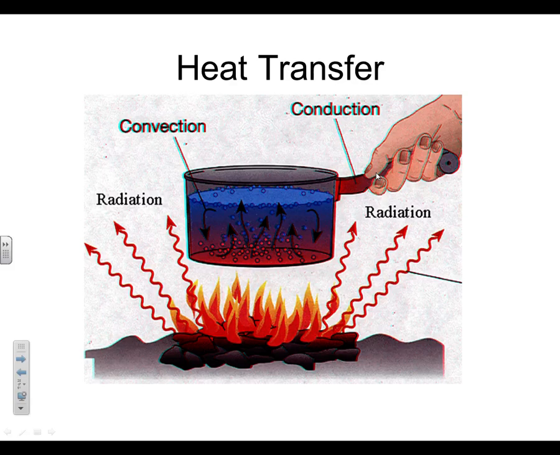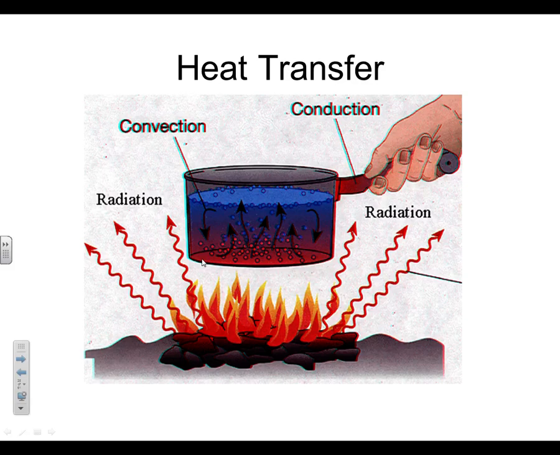A good example is, in this picture, the fire sends off infrared waves, heat radiation, that will heat the pan. If you're standing by a campfire, the front of you gets a lot hotter than the back of you because it's absorbing all that radiation from the fire. Radiation is how the Earth stays warm. The sun gives off lots of radiation, it goes through space, and the Earth absorbs it.